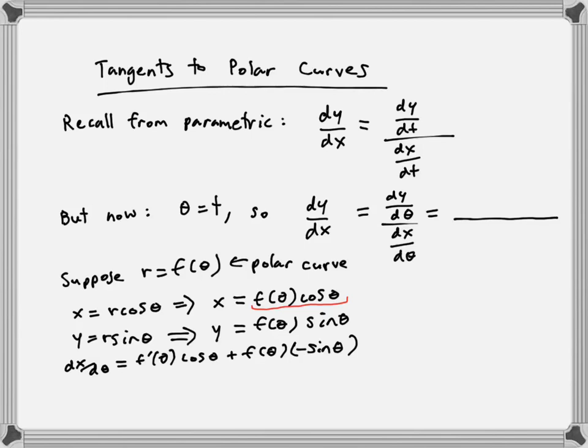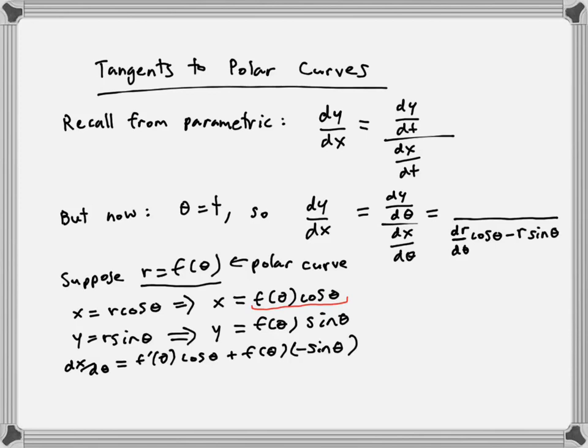What we just found here is the denominator, because that's dx/d theta. So how do I write that? Well, f prime of theta, remember, f of theta is really r, so wouldn't this just be dr/d theta? So dr/d theta cosine theta minus r sine theta.